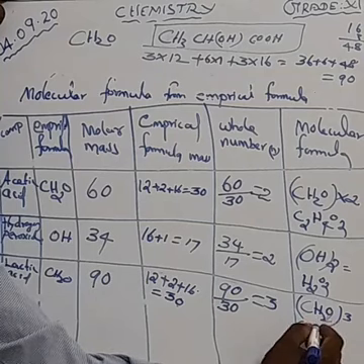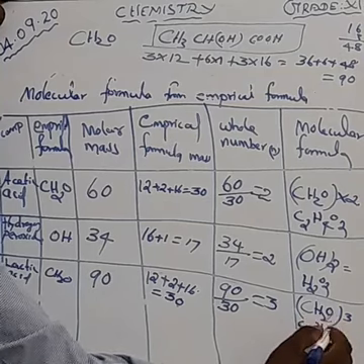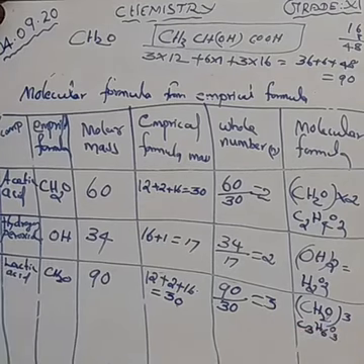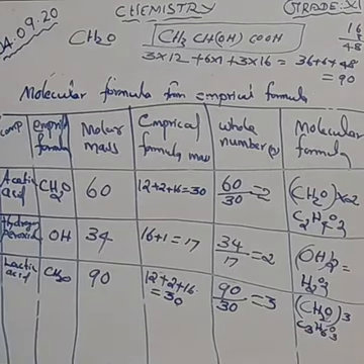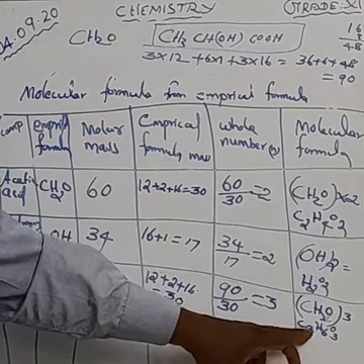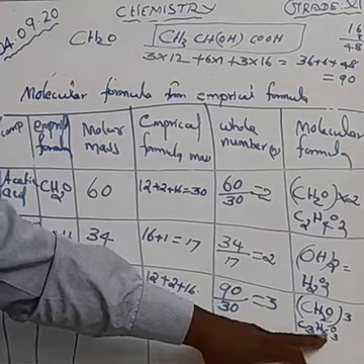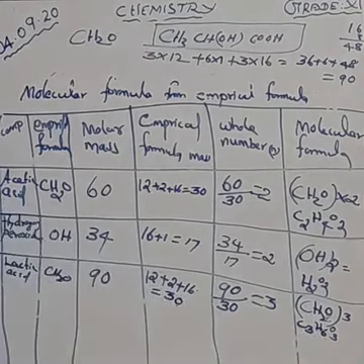Hydrogen 2 into 3 is equal to 6, hydrogen 6. And oxygen 3. So the molecular formula for lactic acid is equal to C3H6O3. This is the lactic acid.